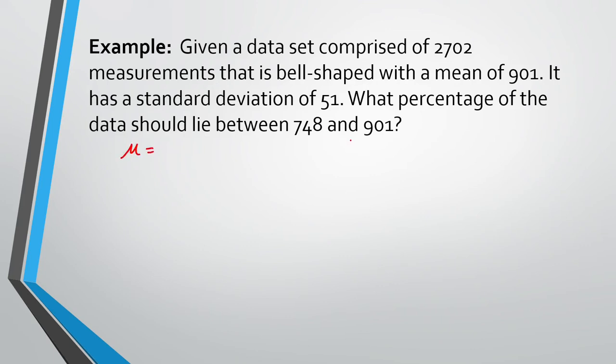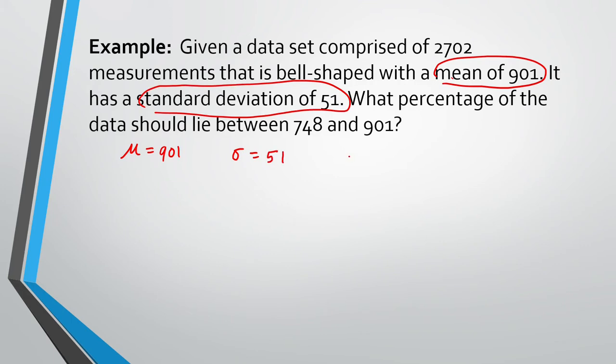The average in this case is 901. So the mean mu is 901. The standard deviation is given here as 51. And I want to find the percentage that would consist of the scores that are between 748 and 901.